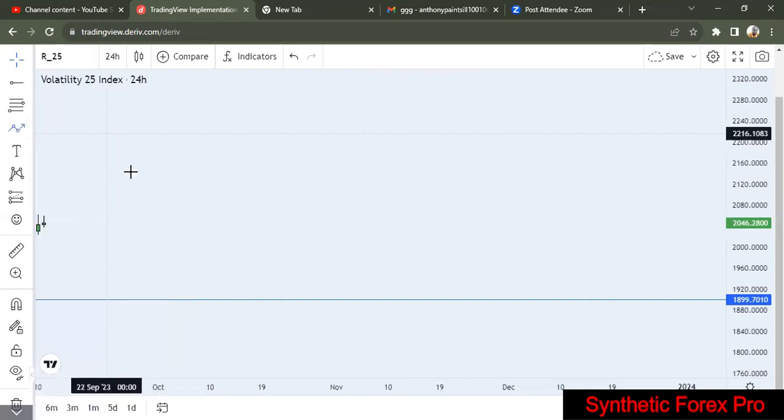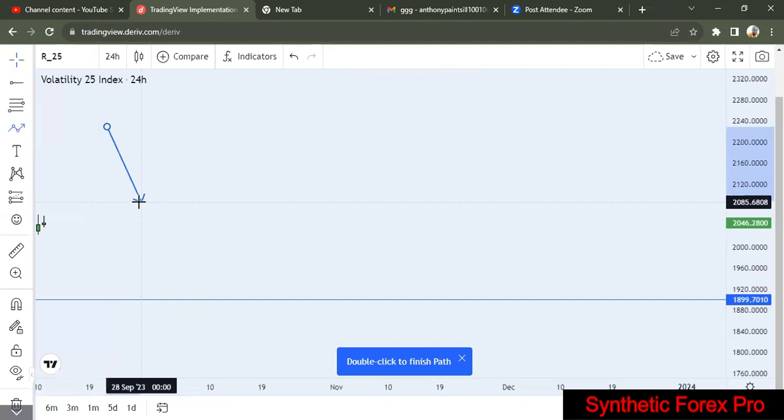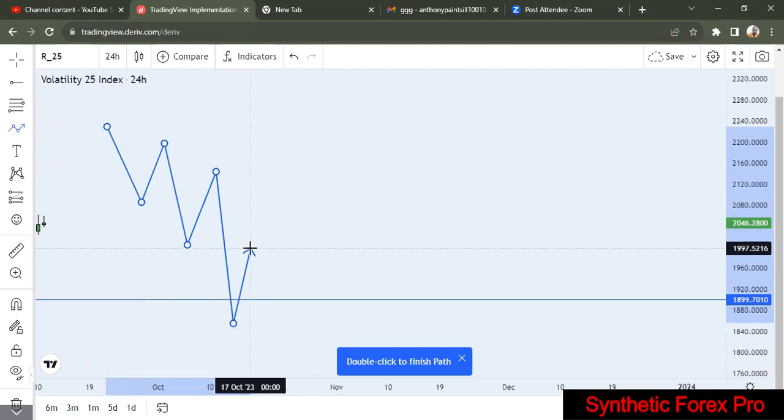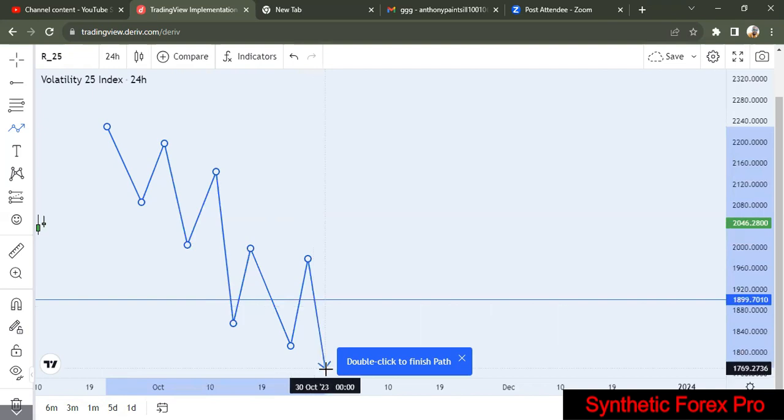Now, assuming we are in this market, the market trades from this point, and then it comes to this point, okay, and then it trades down to this point, and then it trades to this point, and then it breaks further down, and it comes to this point, and then it breaks further down, and then it comes to this point, or let's say almost close to this, and then it breaks further down.